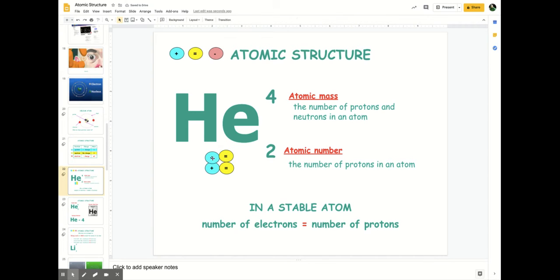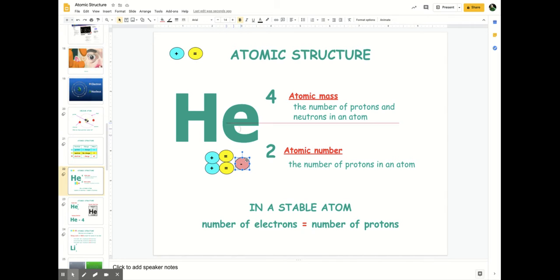Together that's 1, 2, 3, 4. Now, I can't bring an electron down here, because even if I put an electron down here, the mass would still be 4, because it's 1 plus 1 plus 1 plus 1 plus nil, or 0.